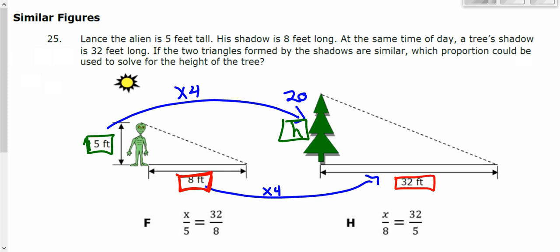We also know that I need my relationship to work in the same direction. So 5 times 4 is 20, 8 times 4 is 32. So I can actually build a proportion this way. Let's start with our 5 and our H. So 5 and H could make one proportion, and 8 and 32 could make another. So my 5 and 8 are going together because they're on one shape.